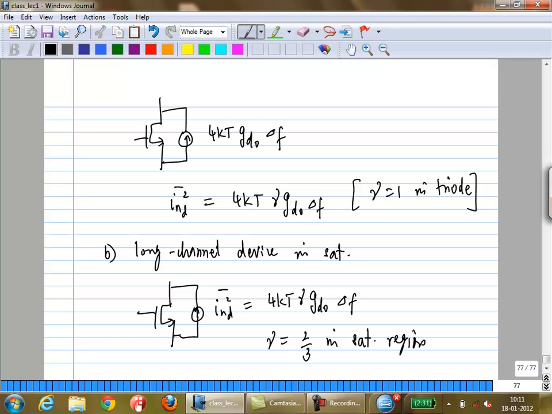Gamma is 2/3 in the saturation region. How about GD0?